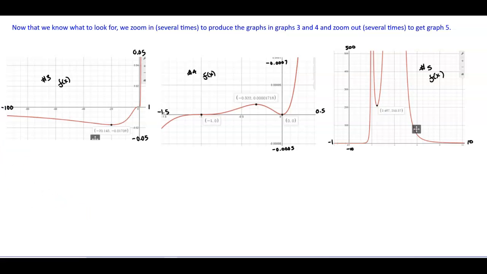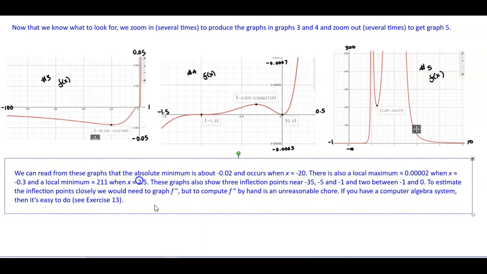I want you to pay attention to the points that were there. We can read from these graphs that the absolute minimum is about negative 0.02 and occurs when x is negative 20. So there is the absolute minimum.